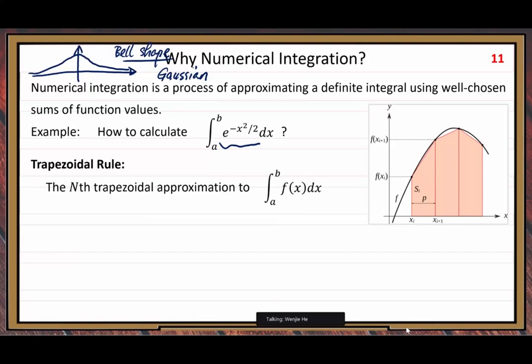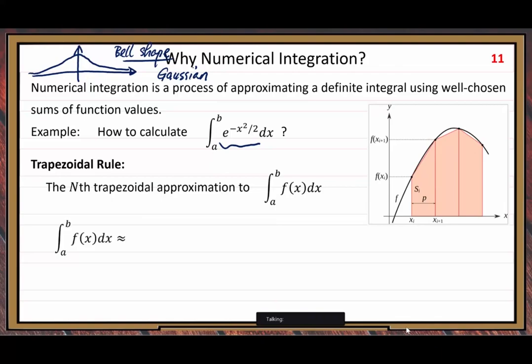We use that capital N to control the number of terms, and at the same time, we control the approximation error. The larger that capital N, the smaller the approximation error. So there is an error; you cannot avoid it, but we want to control it. Let's look at the formula.